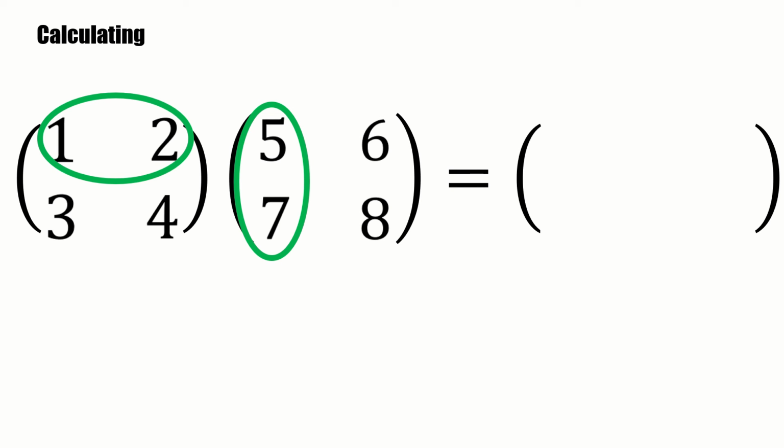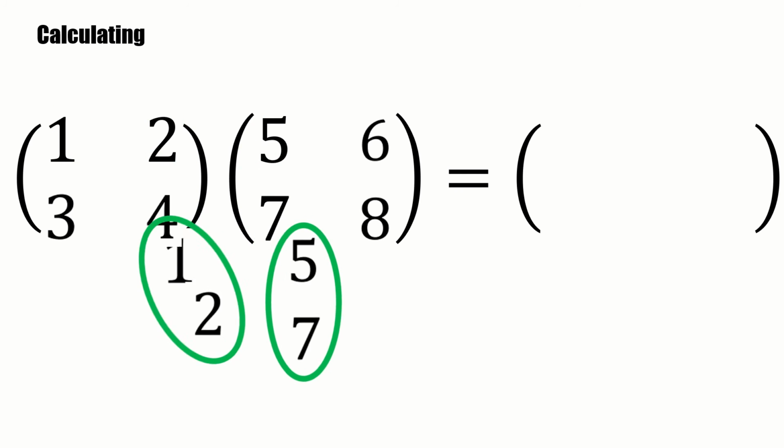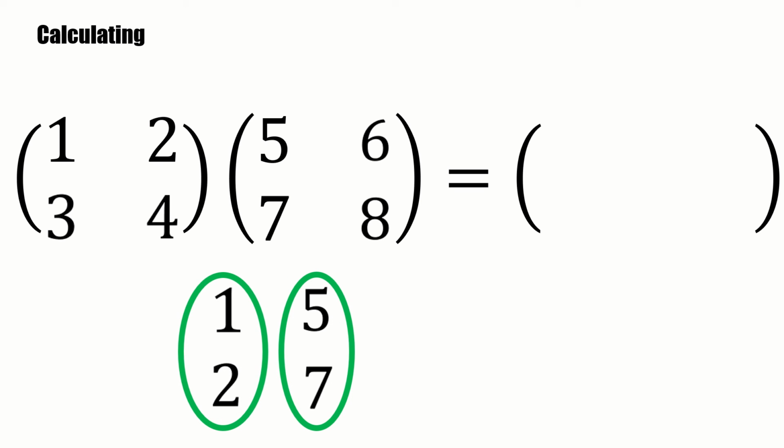What I like to visualize is sliding that row down so that it becomes a column and lines up with the other column like this. Once you've done that, all the numbers should be lining up in pairs, and what you've got to do is multiply those pairs together. So we'll multiply 1 by 5 to get 5, and then 2 by 7 to get 14.